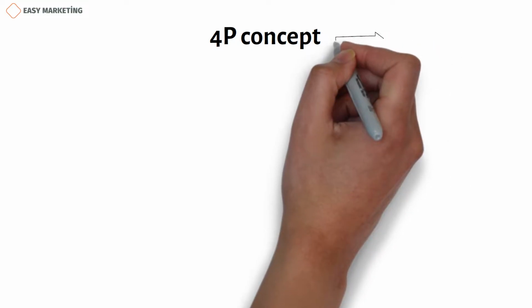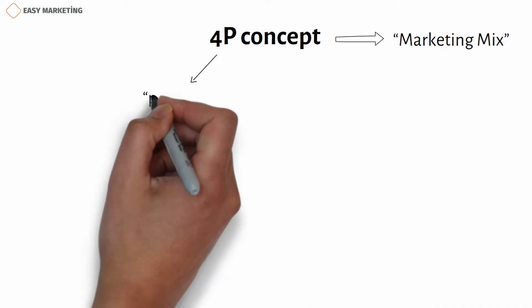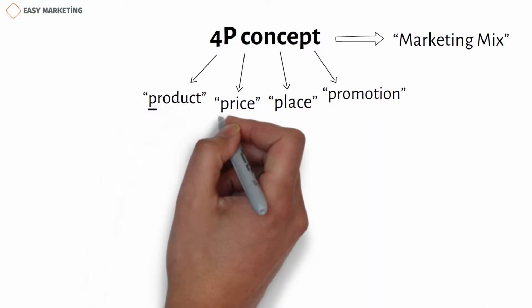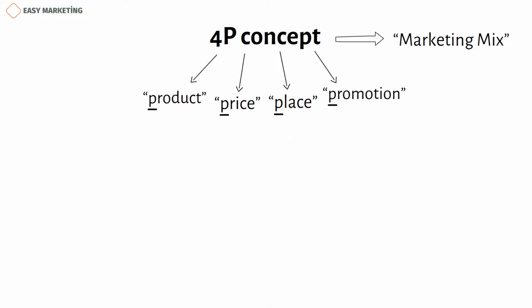In this video, we'll talk about the 4P concept used to develop the right marketing strategy before launching a product or business. This approach is also called marketing mix. This is called mix because product, price, place, and promotion are 4 inseparable elements that represent 4P. 4P is made up of the initials of these 4 words.